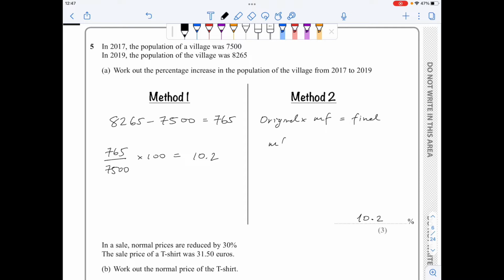So the multiplying factor is equal to the final value over the original value, and in our case we've got 8265 over 7500, and this comes out to be 1.102. If you think of this as a fraction with a denominator of 100, it's going to be 110.2, which means there's an increase of 10.2 out of 100, and this gives me my answer.